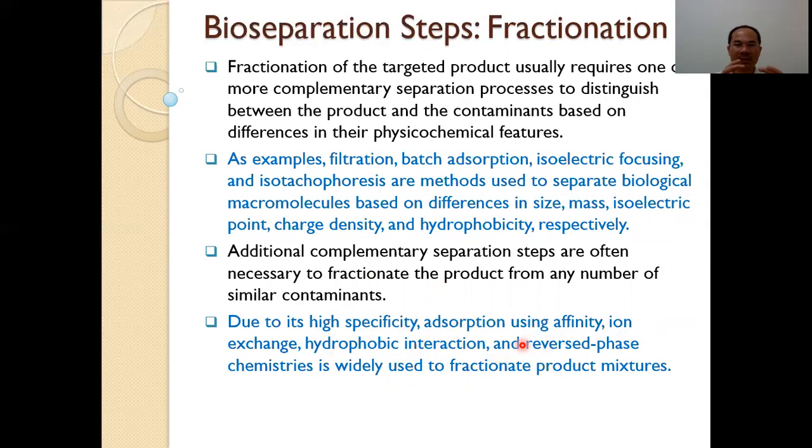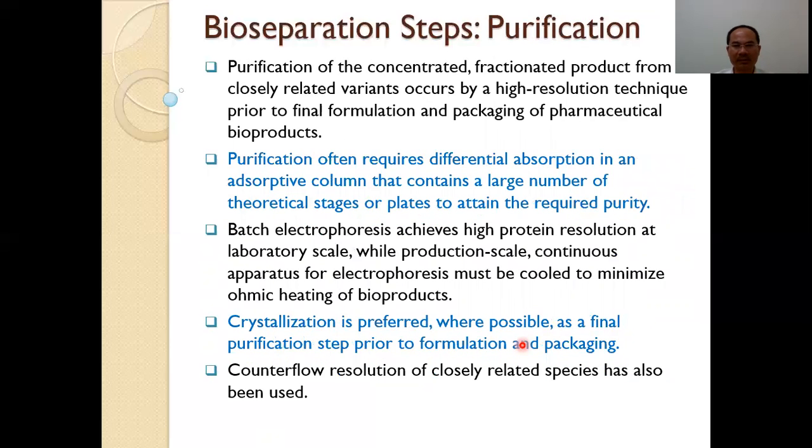We will talk about these later also. The function of fractionation is to separate contaminants and product. After you separate contaminants and product, your product then needs purification. Purification of the product is the concentrated and fractionated product being separated from closely related variants by high resolution techniques.